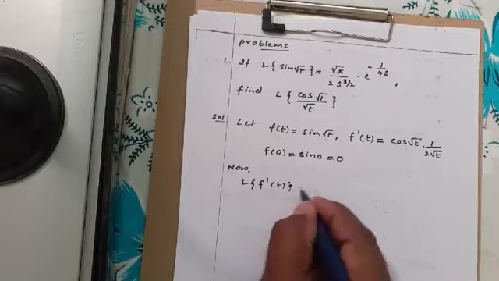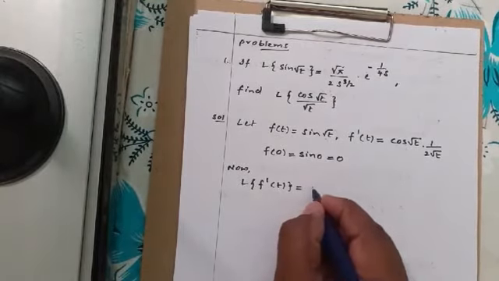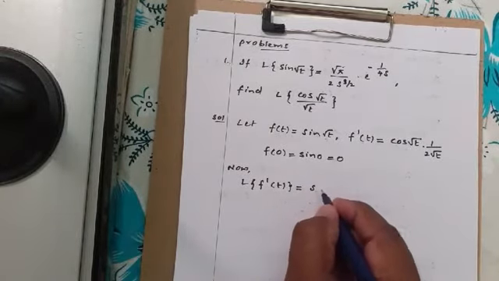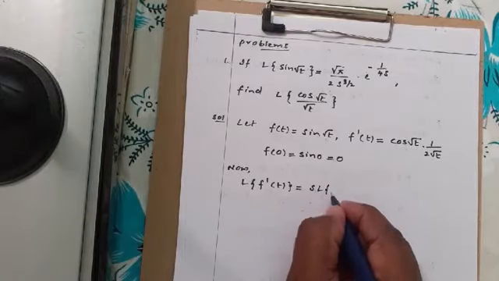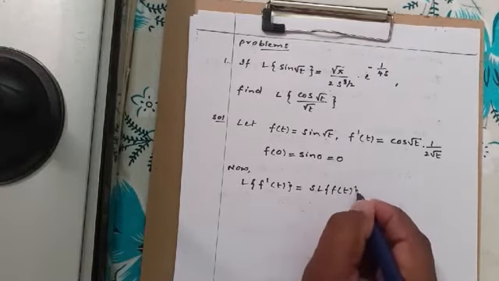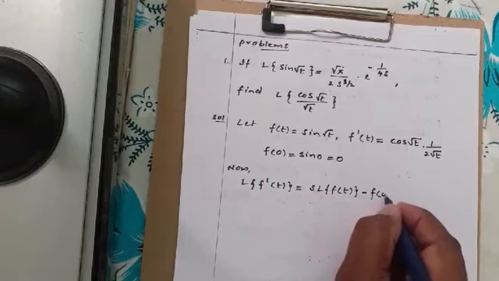Now we use the formula: Laplace of f dash t is equal to, as we just proved, s into Laplace of f of t minus f of 0.